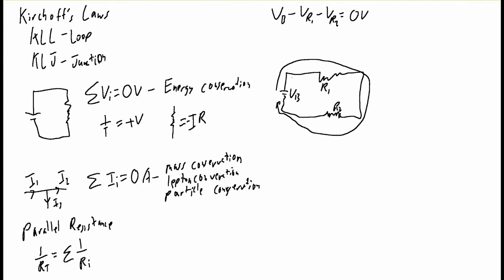At each point along this wire and through the resistor, that is a two-way junction. Current comes in, and the current has to leave out the same way. So the current going through R1 has to be the same for R2. V is equal to I times R.